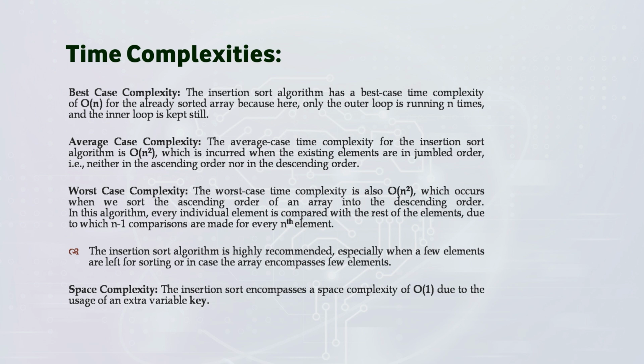If the array is sorted, the condition A[i] greater than key will be false, so the inner loop does not execute. In the best case only the outer loop executes, so the time complexity is big O of n.